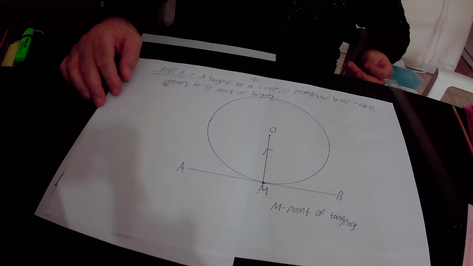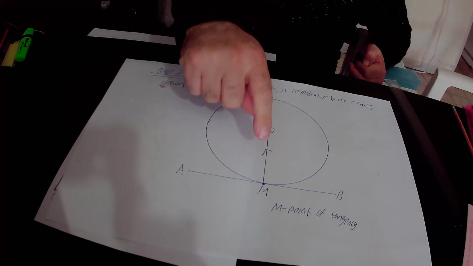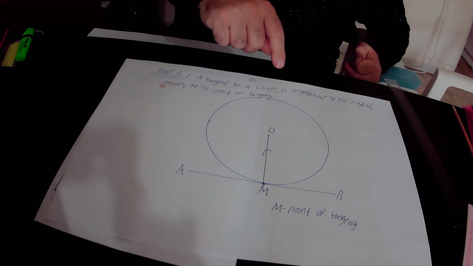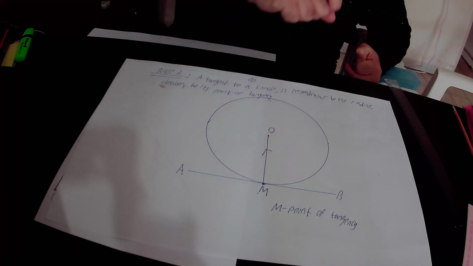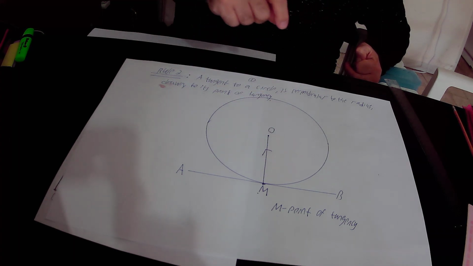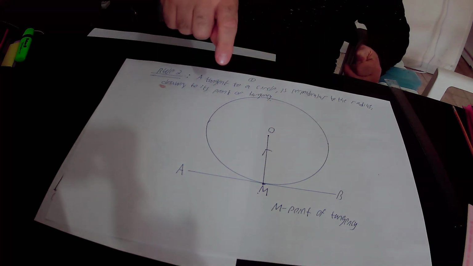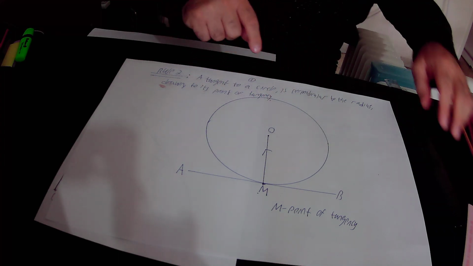Okay, so OM is the radius of this circle, and here the radius OM is drawn to the point of tangency. That is to say, the radius OM is drawn to point M, that is the point of tangency of tangent AB with this circle. Therefore, according to rule number 2, whenever you have a radius that is drawn to the point of tangency, then the tangent AB will be perpendicular to this radius.